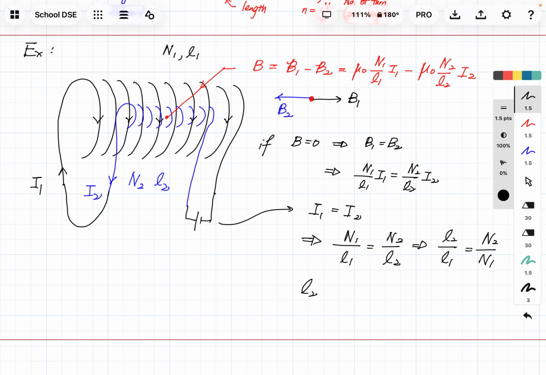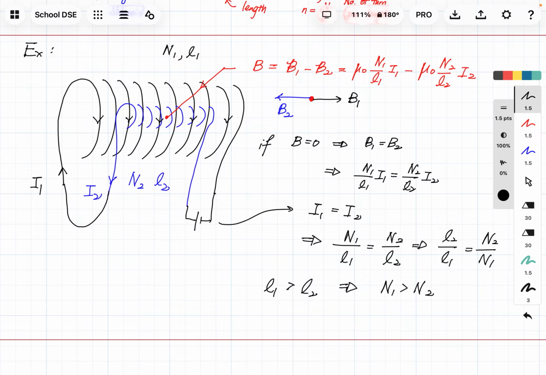So therefore, you see the magnetic flux linkage, let's say this is phi 2, is proportional to I. So let's say the current changes with time.